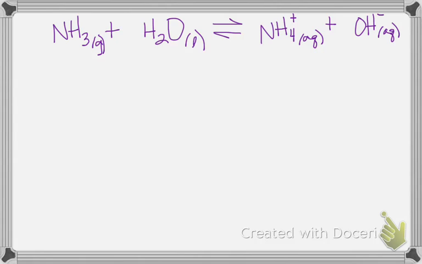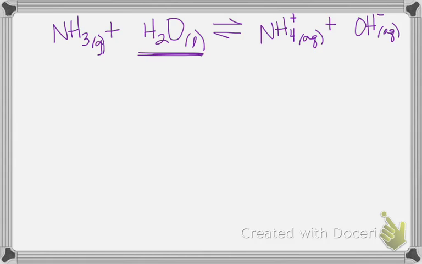Since this is an equilibrium reaction, it would likewise have an equilibrium constant expression, wouldn't it? It's going to be products over reactants raised to the power of the coefficient. But I do note that water is a liquid. What do I do with liquids in equilibrium constant expressions? I do not include them.